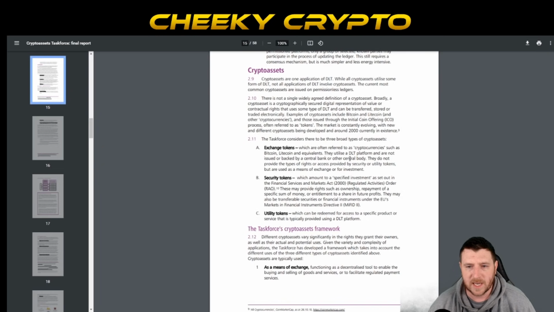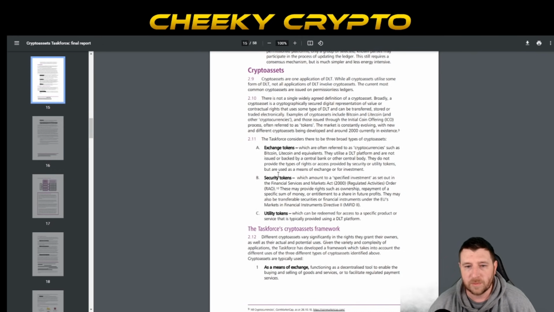They utilize a DLT platform and are not issued or backed by a central bank or other central body, right? So for example, Cardano, ADA. So this is not backed by a central bank or a central body, right? So that would be an exchange token, right?